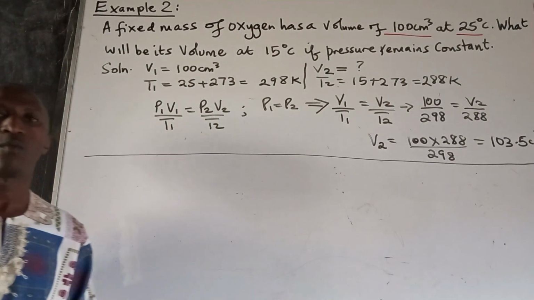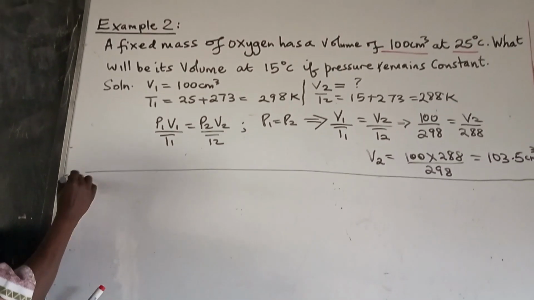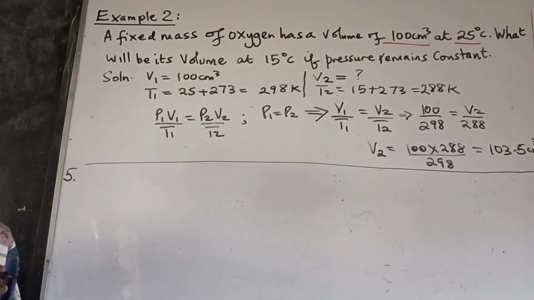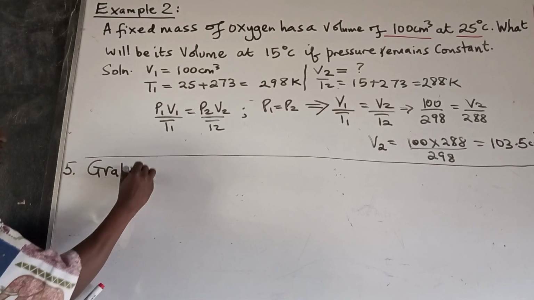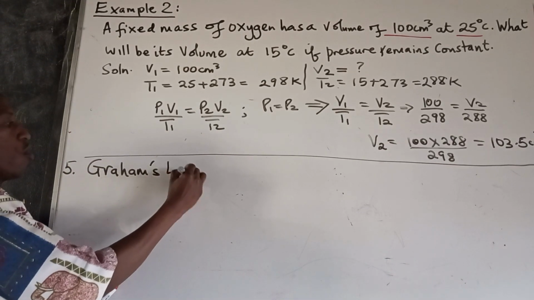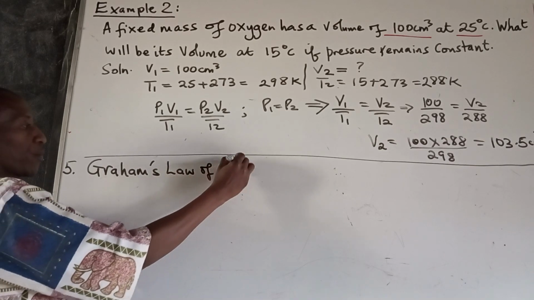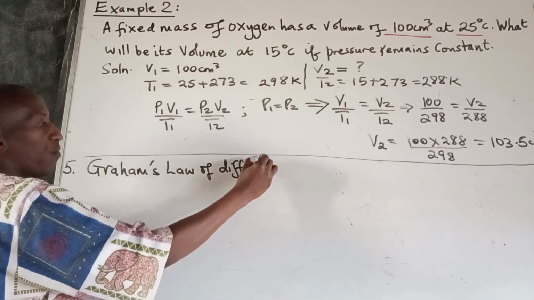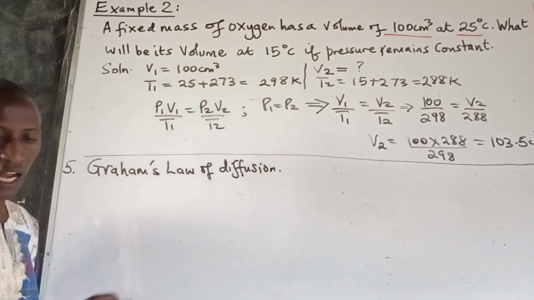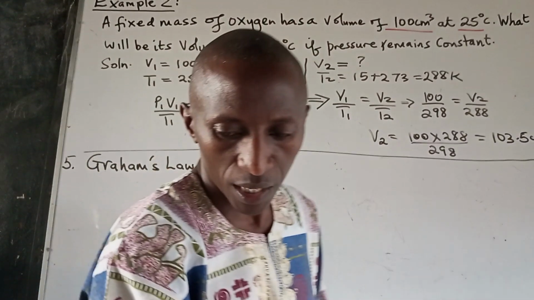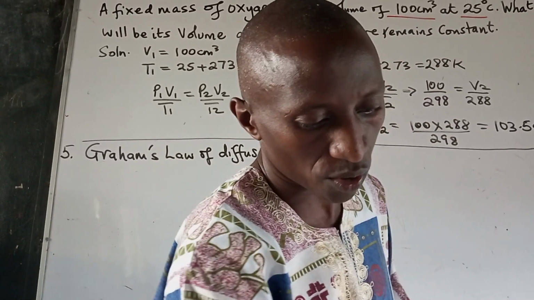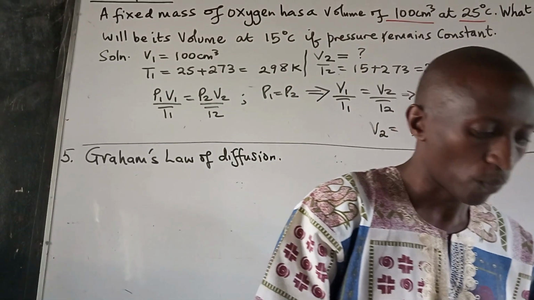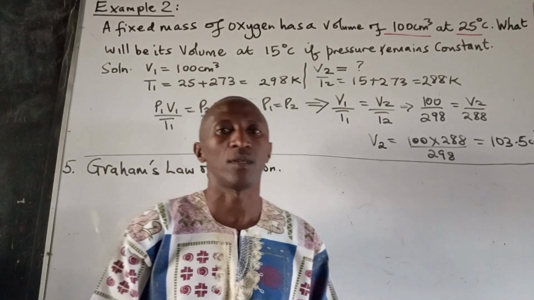And with that, we can move on to the fourth row. In our notes, it is item number 5, what we call Graham's law of diffusion. That is an item which I would like us to discuss here. What is diffusion?